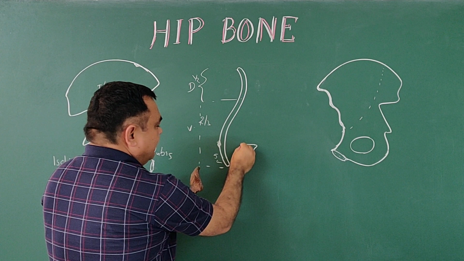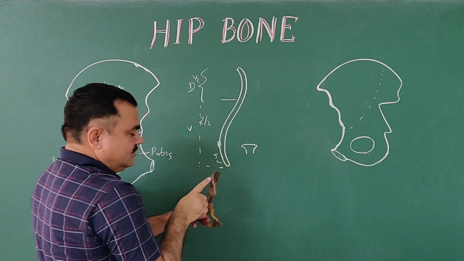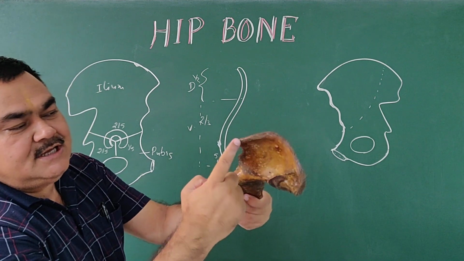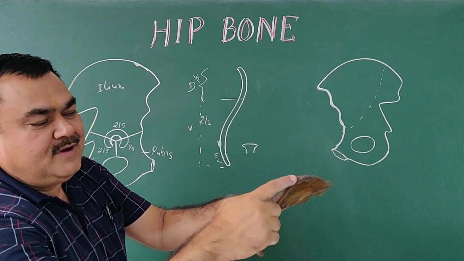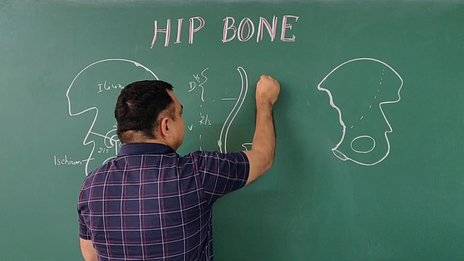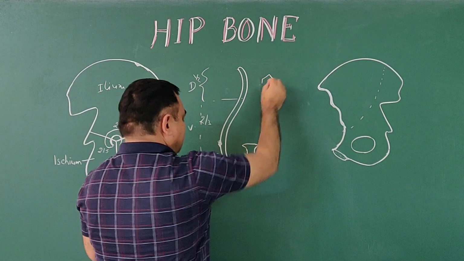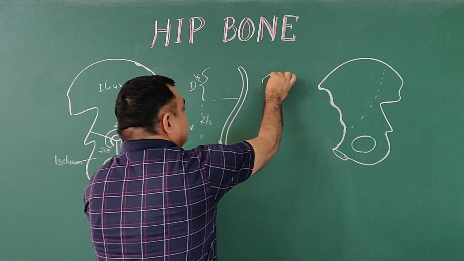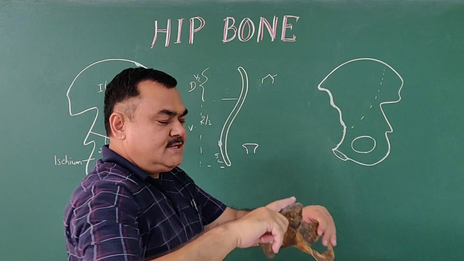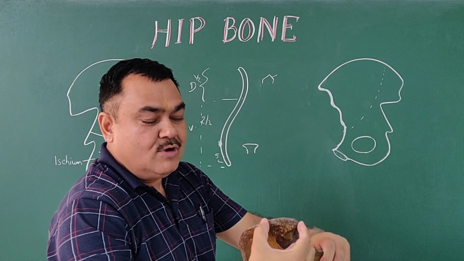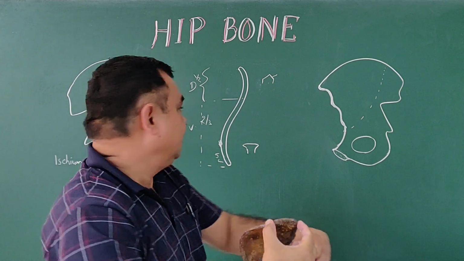This is the outer lip and this is the inner lip, and this is the intermediate area. And in the posterior part, it has an inner slope and an outer slope. So this is the posterior 1/3 part, that is the dorsal part.